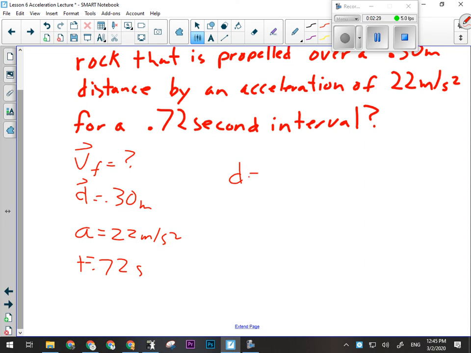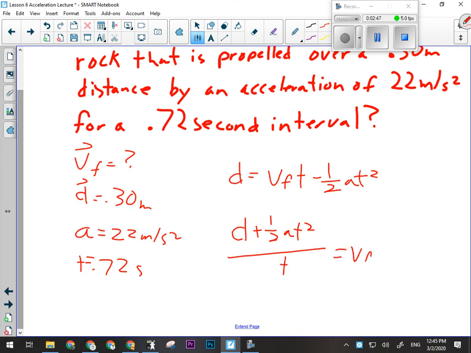I would say my best bet for a formula here is D equals VF times T minus 1/2 AT squared. Right? And I'm looking for VF on this one. All right, so I'm going to add the 1/2 AT squared over to the other side. Okay, and then I'm going to divide by T, and that will leave me with VF. Okay, I'm going to plug in my numbers.